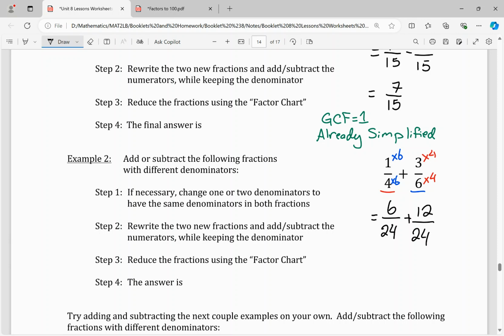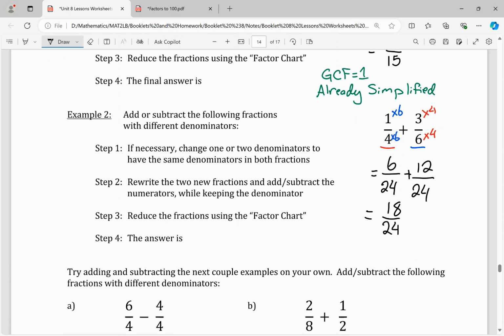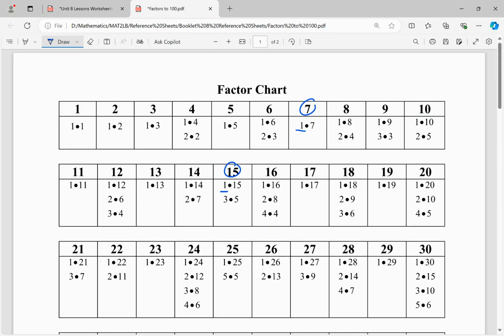Now that they have a common denominator, we can add the numerators. So 6 plus 12 is equal to 18. This is 18 over 24. Remember that the denominator stays the same. When you get to your final answer, see if you can simplify.